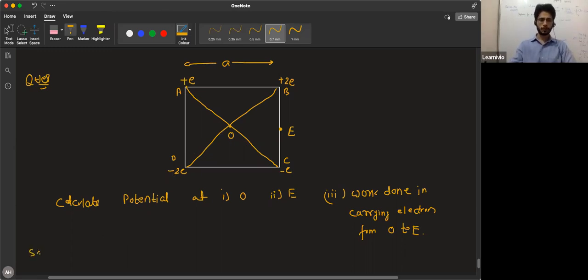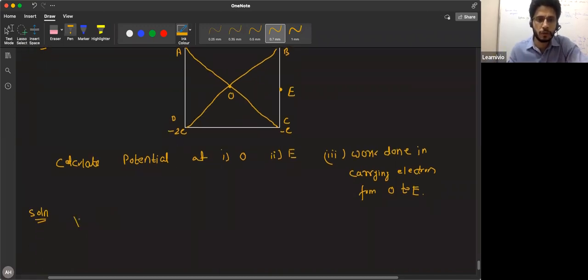Okay, so let's start with the solution. You're supposed to calculate potential at point O. See, you have 4 charges. All 4 charges will generate potential at O. So for total potential at O, we'll first calculate potential due to individual charges and then add them up algebraically.